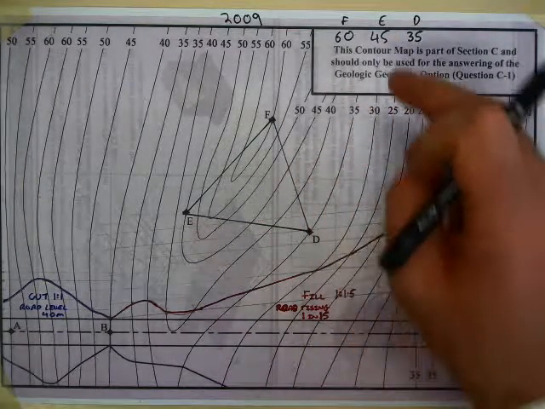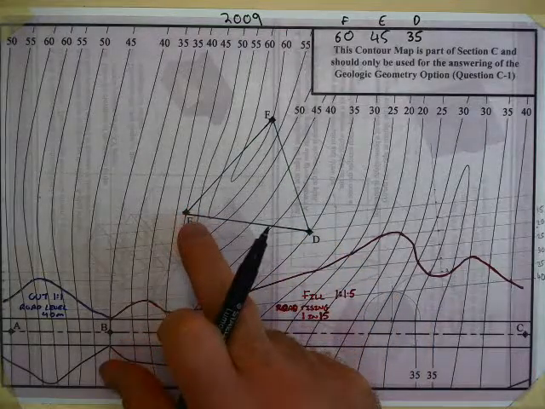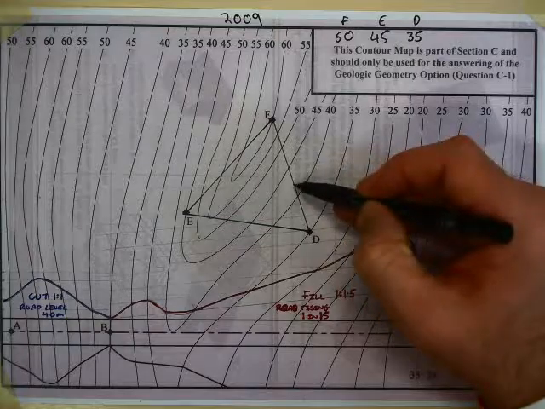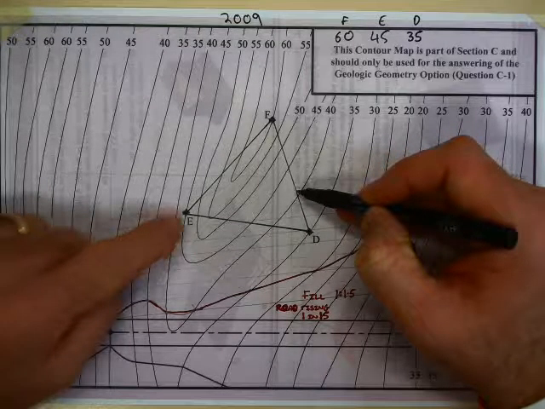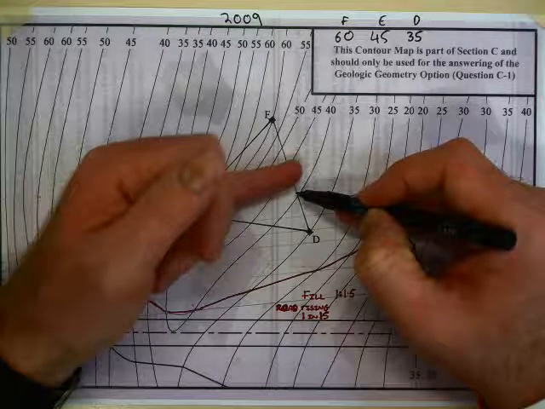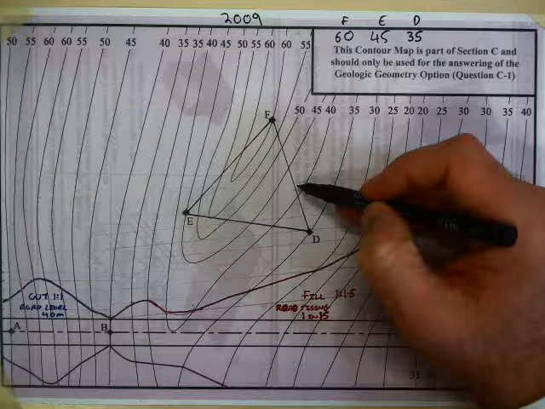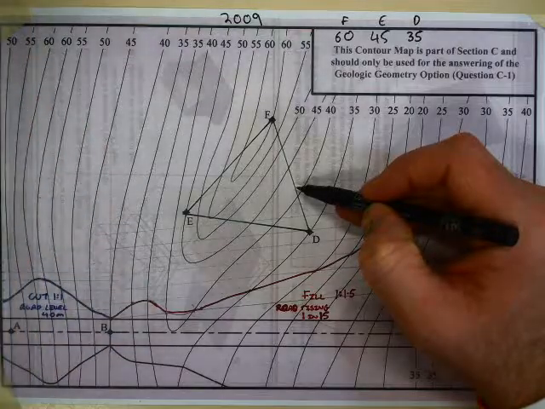Now, if E is at 45 and I want to draw a strike here, a level line, what height does the point on this line have to be if E is at 45 for it to be a true length line or a strike? Remember I showed you at the end there, 45. It has to be at 45 also.